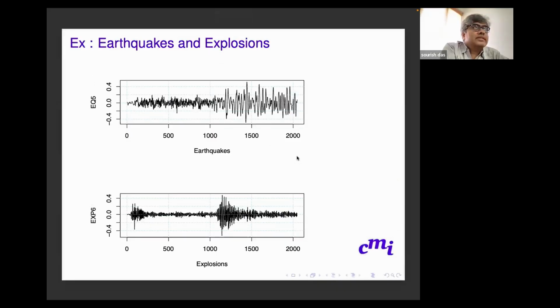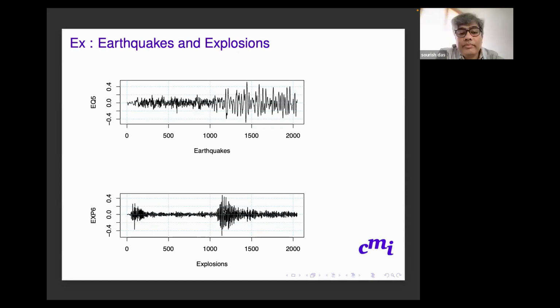Here is another fun data set. On the first panel, we present time series data of earthquakes. And the next panel is time series data for an explosion, nuclear explosion. Right? It was not nuclear explosion.